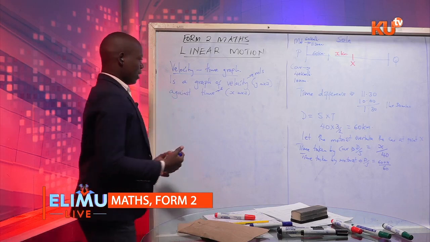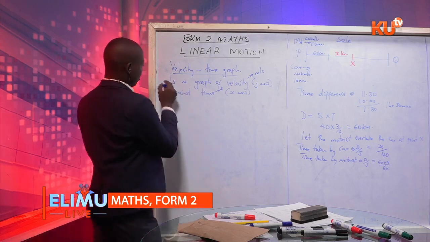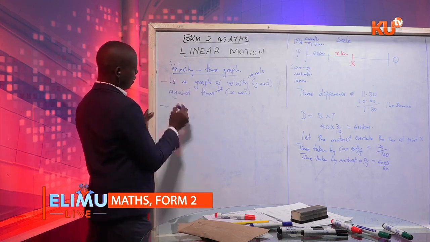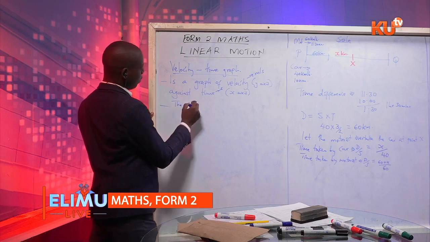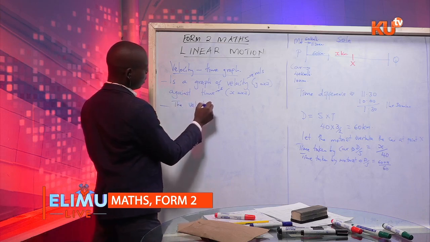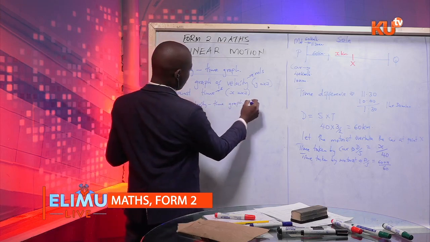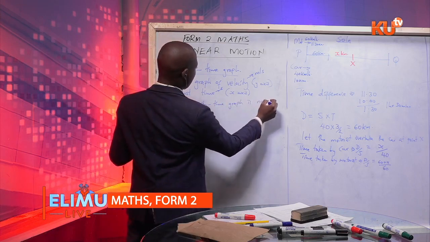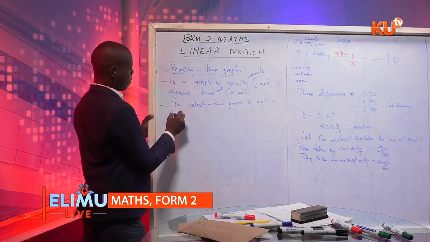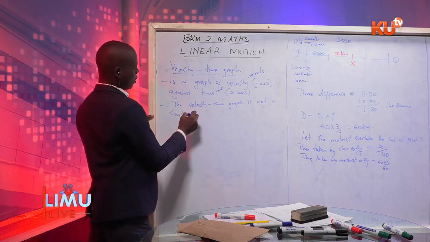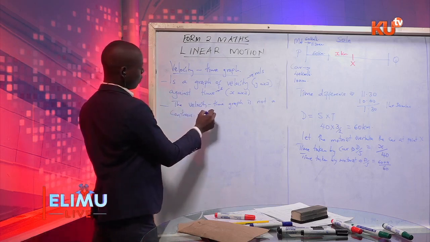So it then brings out this part where we say that the velocity time graph is not a continuous straight line graph.